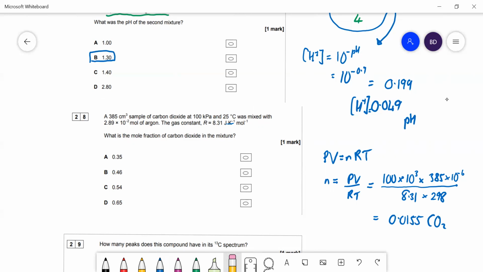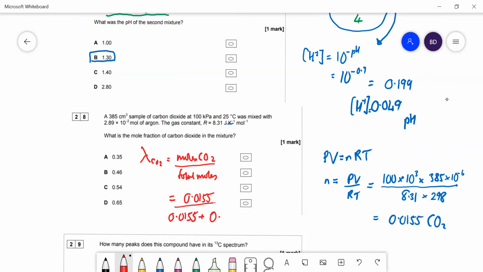Now we've got to work out the mole fraction of carbon dioxide. So the mole fraction, we usually use that lambda symbol, of CO2 is moles of CO2 over total moles. So the moles of CO2 is 0.0155 over 0.0155 plus 2.89 times 10 to the minus 2, that's 0.0289.